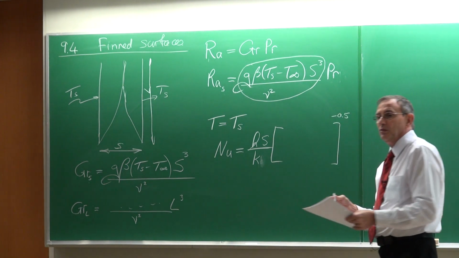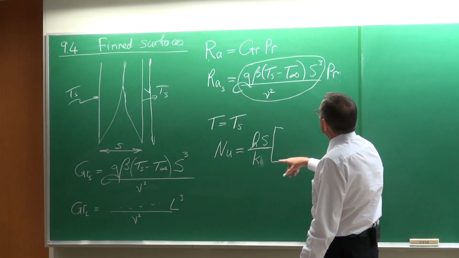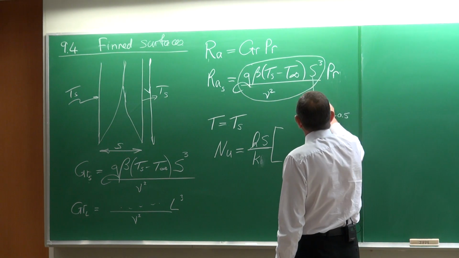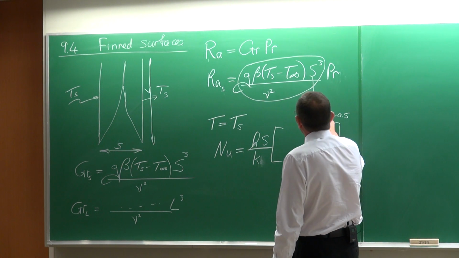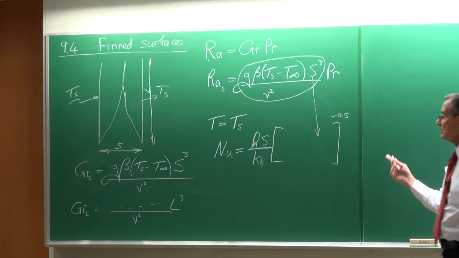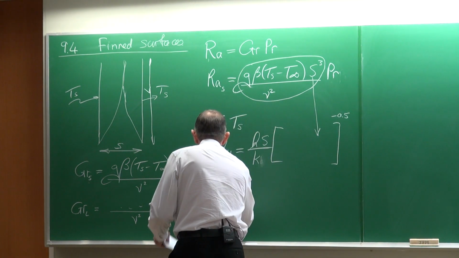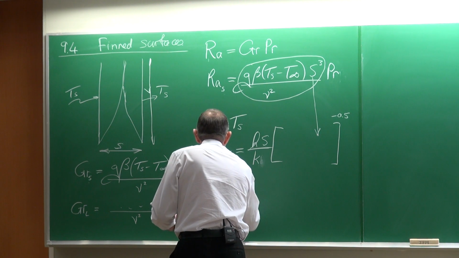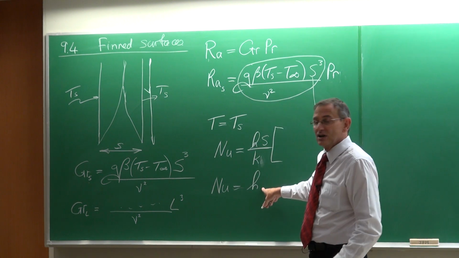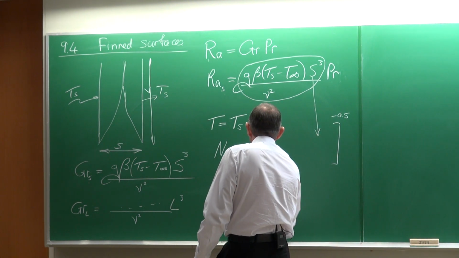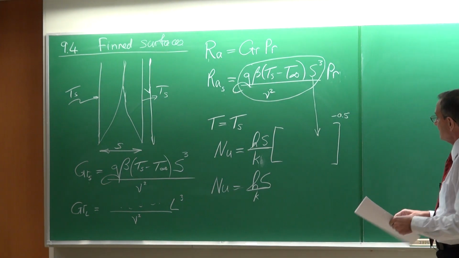For example, equation 9.31 is one of these examples. So in here, we will most probably be using the Rayleigh number based on S in the calculation of the Nusselt number, and that is why we have to determine the Nusselt number typically as equal to the heat transfer coefficient, and now the characteristic length is S, divided by k. Something like that.